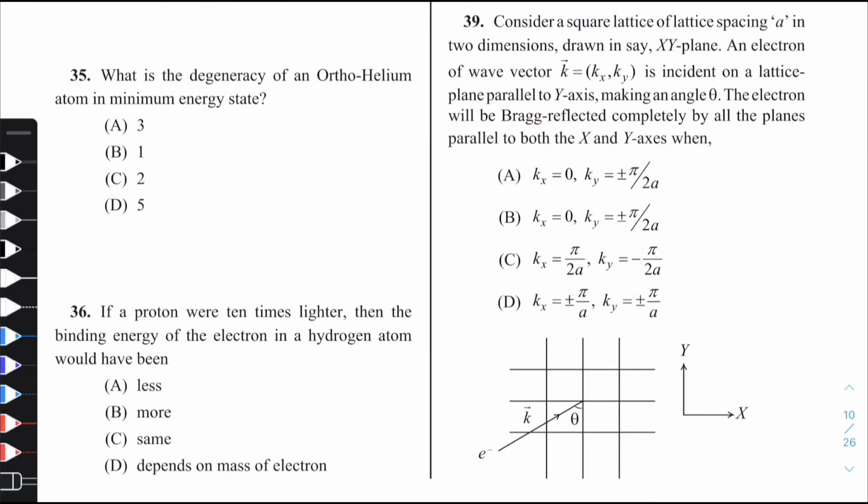Problem 39. Consider a square lattice of lattice spacing a in 2 dimensions. That means this is a and this is also a. An electron of wave vector k is incident on a lattice plane parallel to the y-axis and making an angle theta. The electron will be Bragg reflected completely by all the planes parallel to both x and y-axis when.